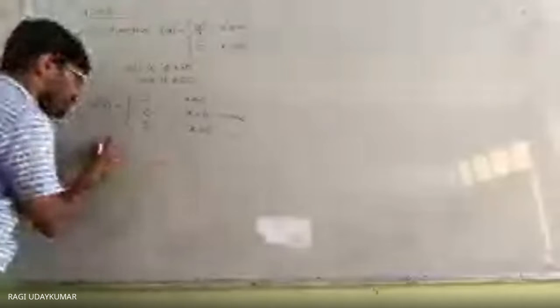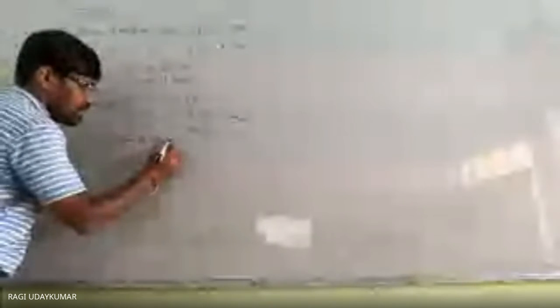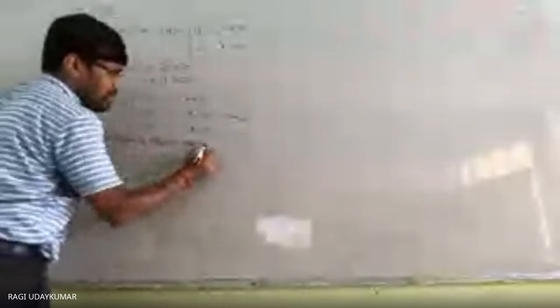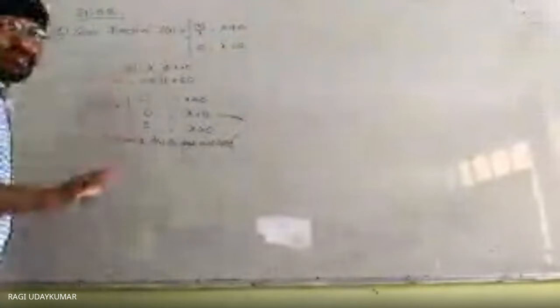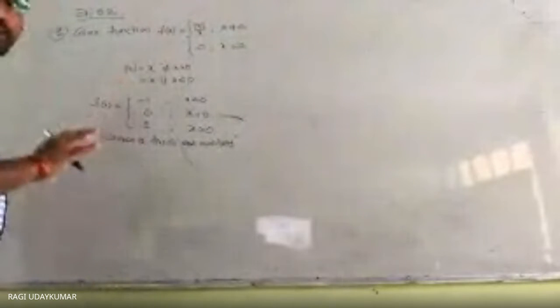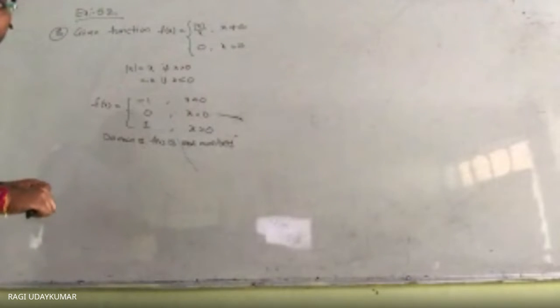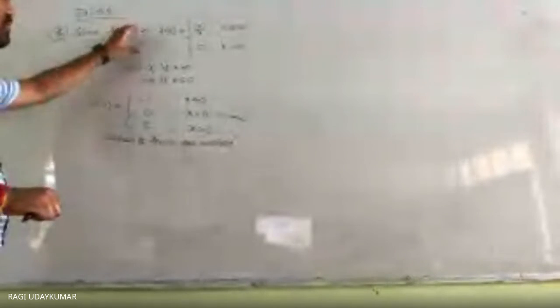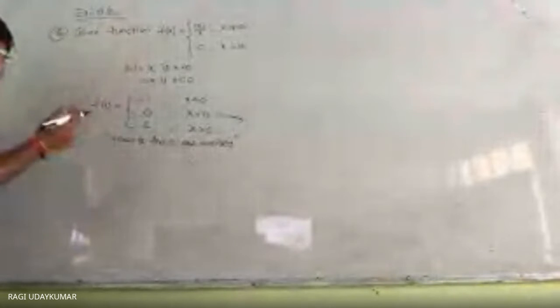Domain of this function is real numbers, because it is defined for all real numbers. So you can write that this function and this function both are the same. Did you understand the difference between this function and this function? You can rewrite this in this way. So the domain of the function is real numbers.